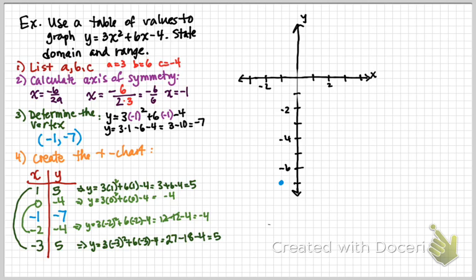My matching little guys, we're at 0, negative 4. Oops, I need to go a little. 0, negative 4 is right here. And we're at negative 2, negative 4. Okay, and then we have 1, 5. Oops, I need to go up higher.